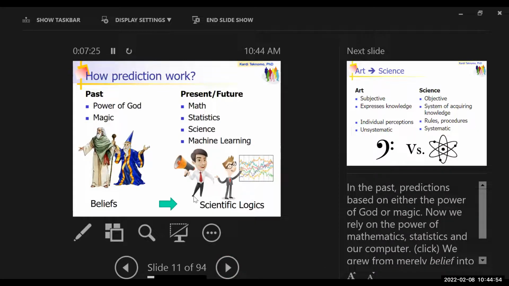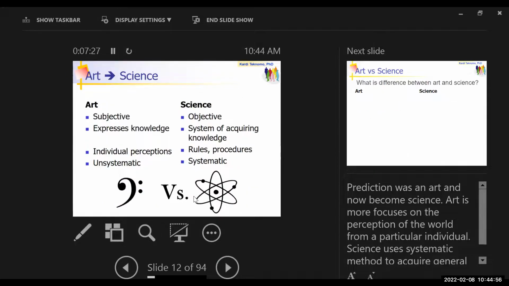So in the past, the science of prediction was an art, basically based on the subjective knowledge of the person. While now, the science is relying on objective knowledge.